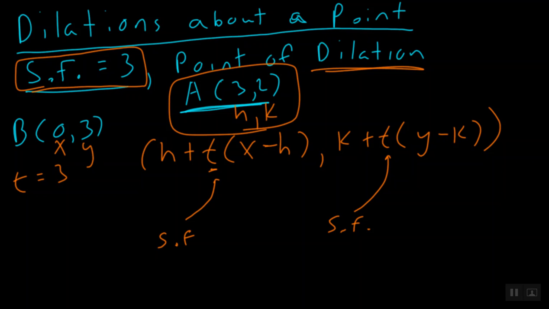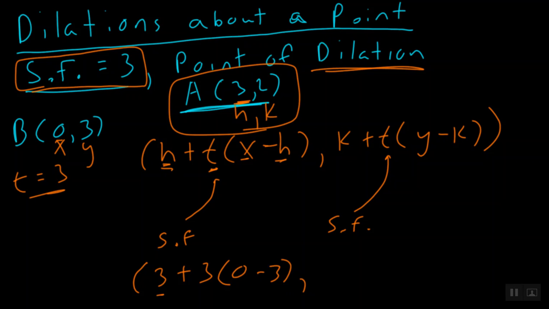So let's see, what would this thing look like if I fill it in from left to right? Well, I see that my H value from my point of dilation is 3, plus my T, my scale factor, is also 3, parentheses. Now here we're going to put in X. This is from our specific point, that's 0, minus H, which once again is this 3 from our point of dilation, comma, and now we're going to start talking about the Y values of all these things.